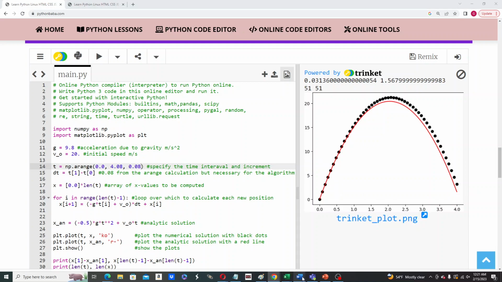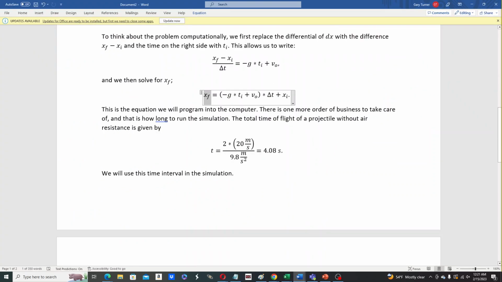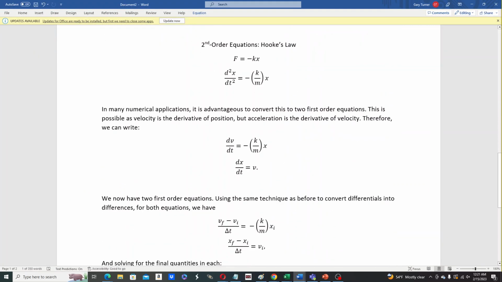So how does the Euler method do with a second order differential equation? So consider a mass spring system.